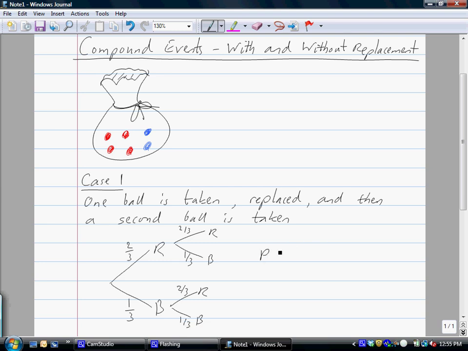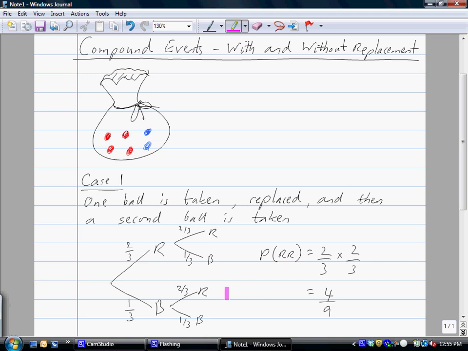So if I now look at events such as the probability of getting 2 red balls, I very simply just follow the branch that would give me that outcome, a red ball followed by a red ball, and I multiply the probability together. So the probability of getting a red and a red is 2/3 times 2/3, which is 4/9.